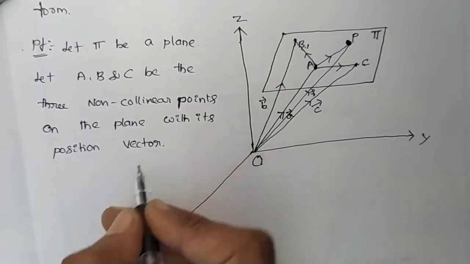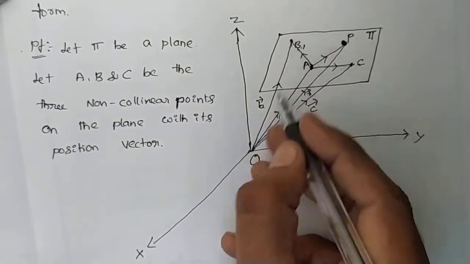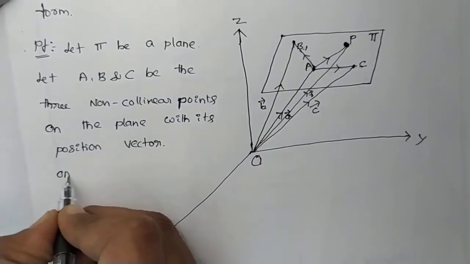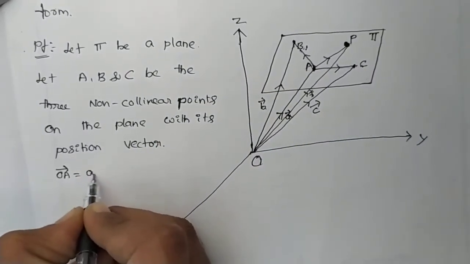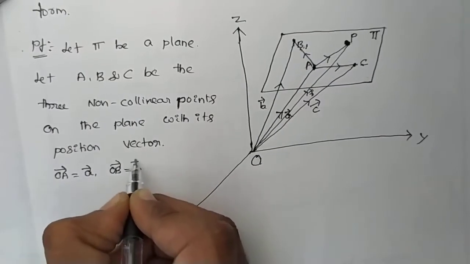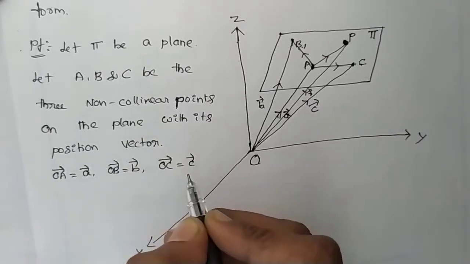OA vector is A vector, OB vector is B vector, OC vector is C vector, right?